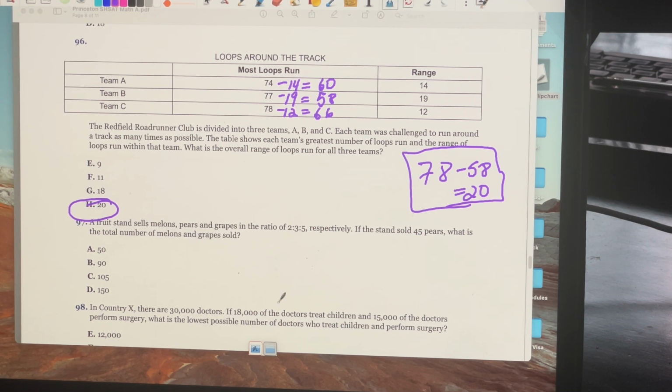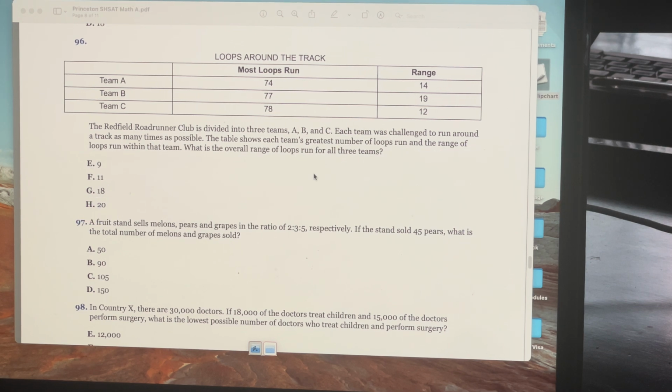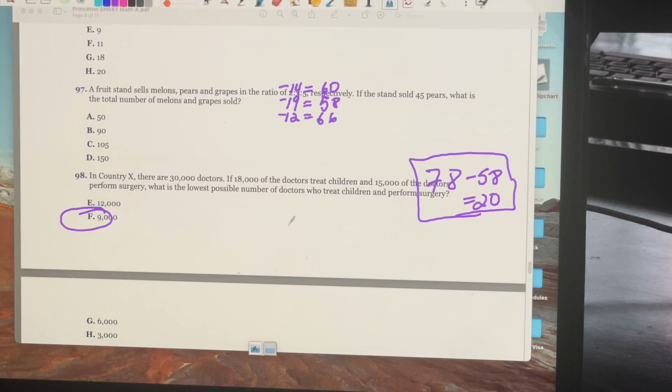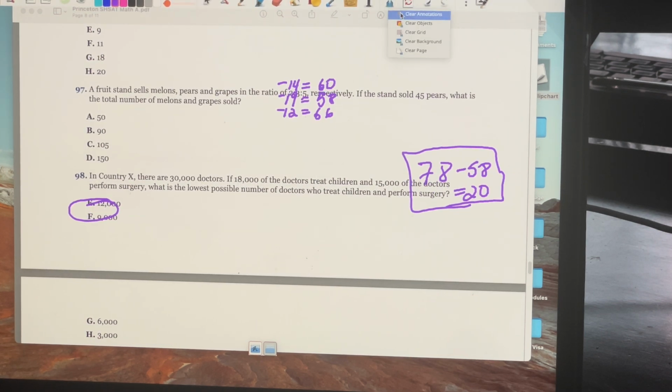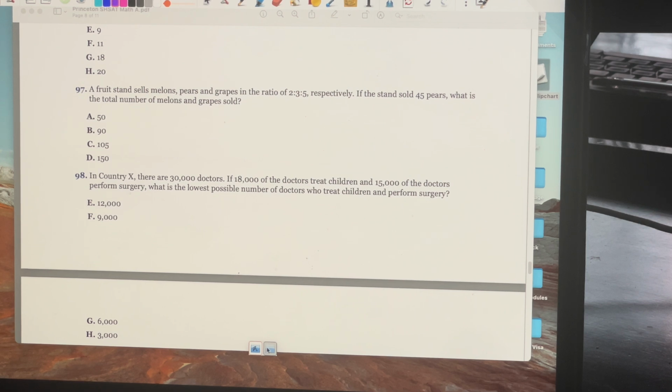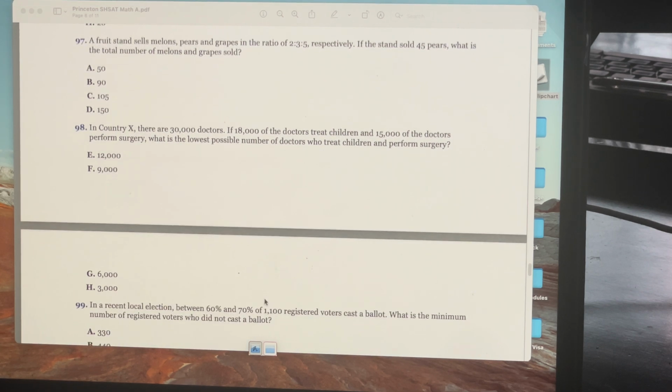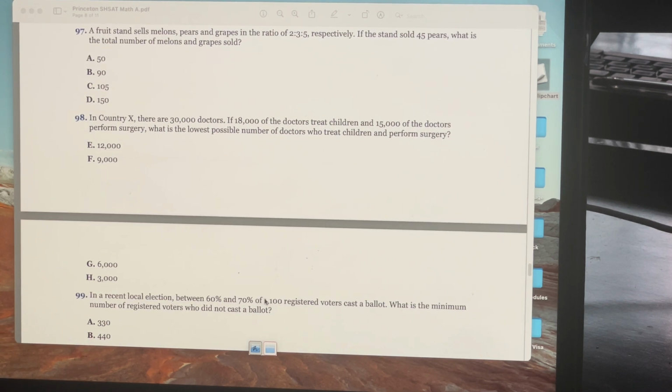Okay. What's next? 98. I think this is a prediction question. Let's read it. There are 30,000 doctors. Of the 30,000, 18 of the doctors treat children and 15 of the doctors perform surgery.